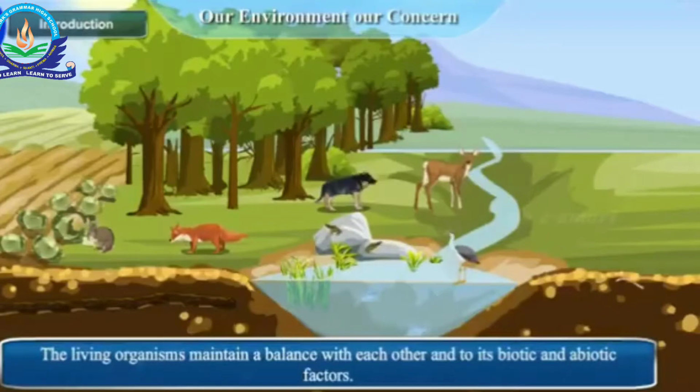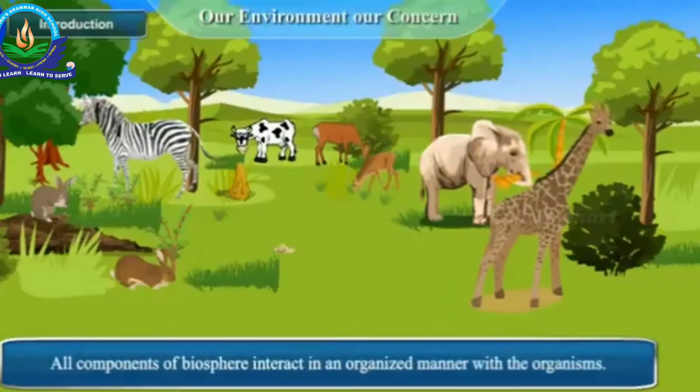The living organisms maintain a balance with each other, and so do the biotic and abiotic factors. All components of the biosphere interact in an organized manner with the organisms.